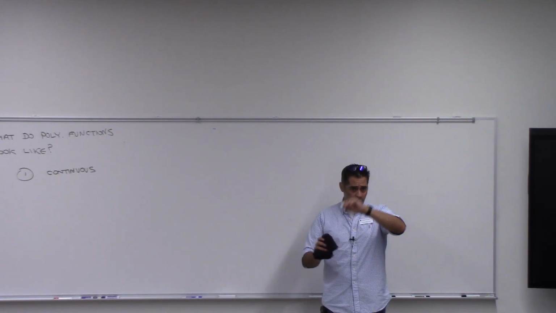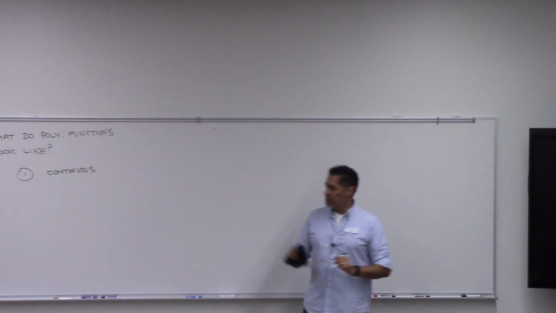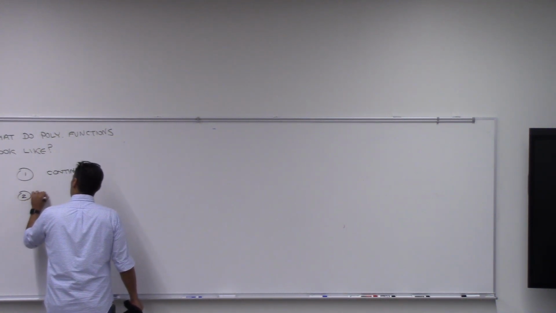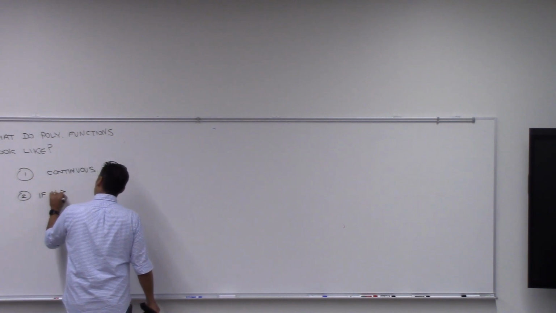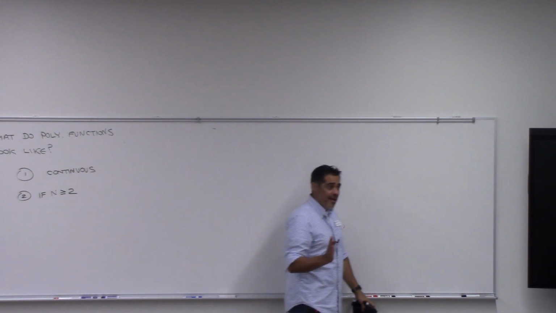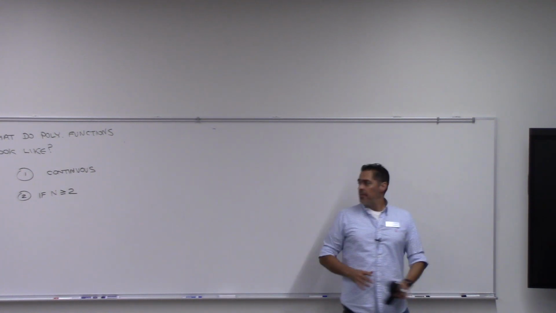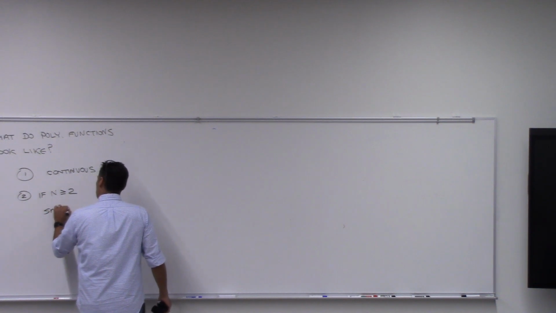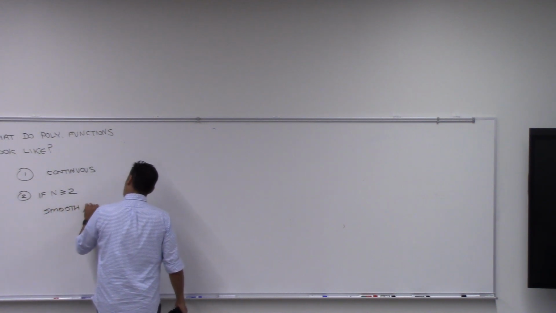You'll never have to pick up your pencil. That's the first thing. They're continuous. The second thing is if the n is greater than or equal to 2, that means you're talking about a quadratic and higher, then I can tell you that it's going to be smooth and curved.